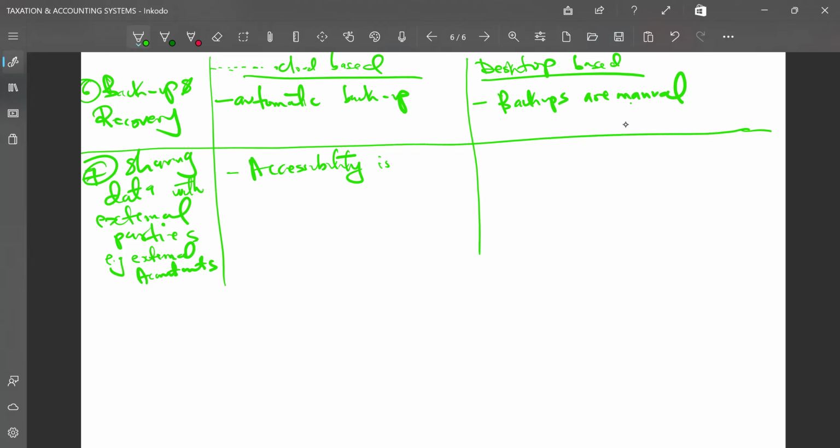I know when I talk about accessibility, you might be thinking of another point, but accessibility is easy using access rights, e.g., to external accountants. I hope you understand the wordings. I was looking for the best wordings, and I think that makes sense.